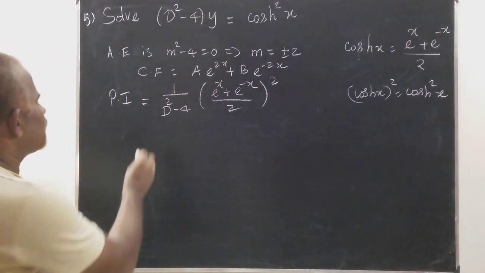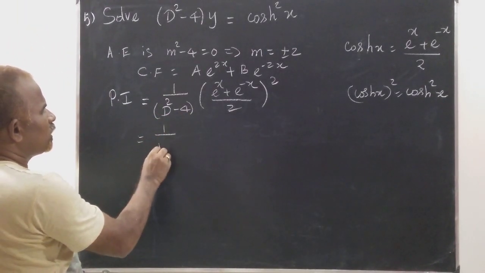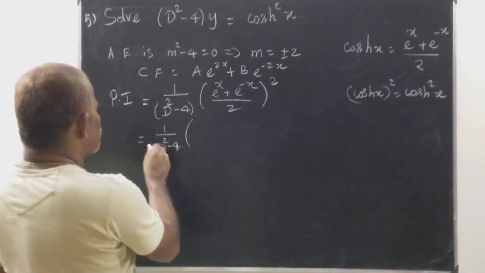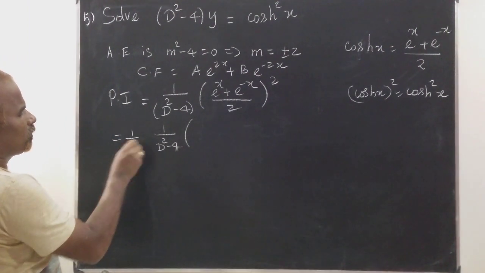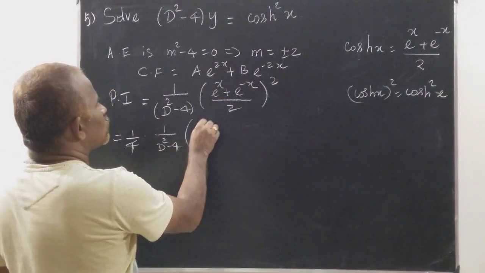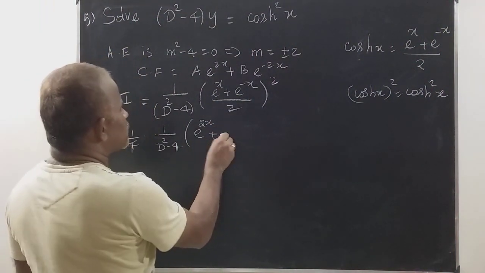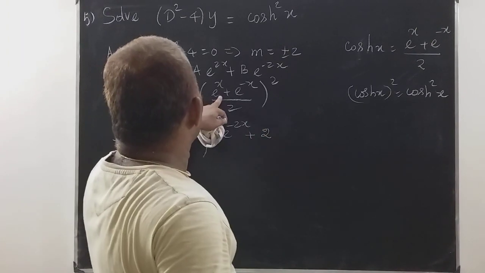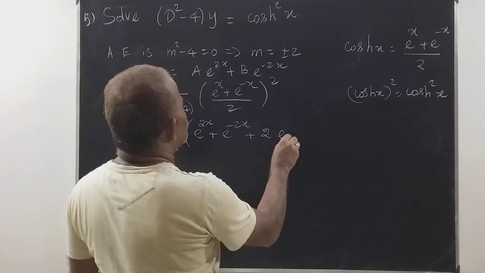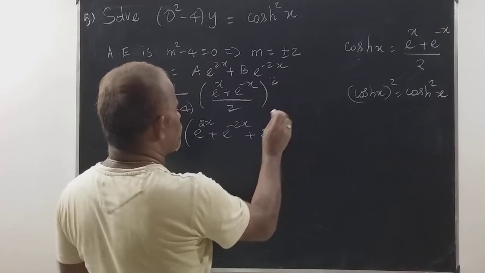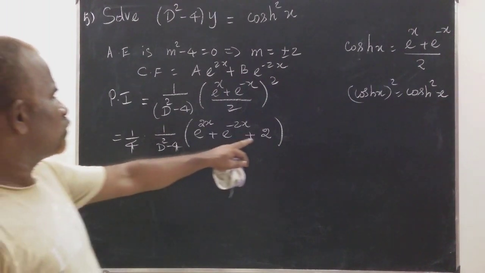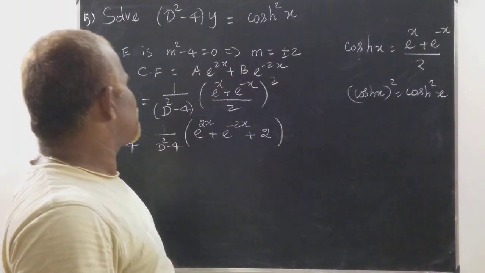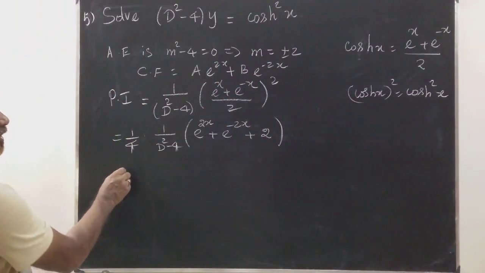So I can write this as 1 by 4 into e^(2x) plus e^(-2x) plus 2 times e^x into e^(-x), that is e^0, which is 1.